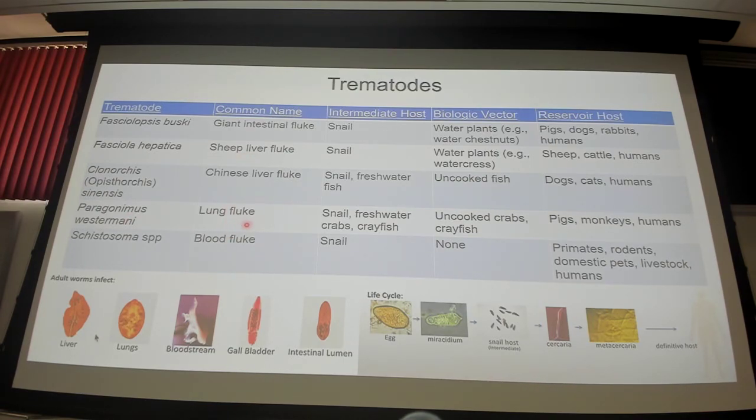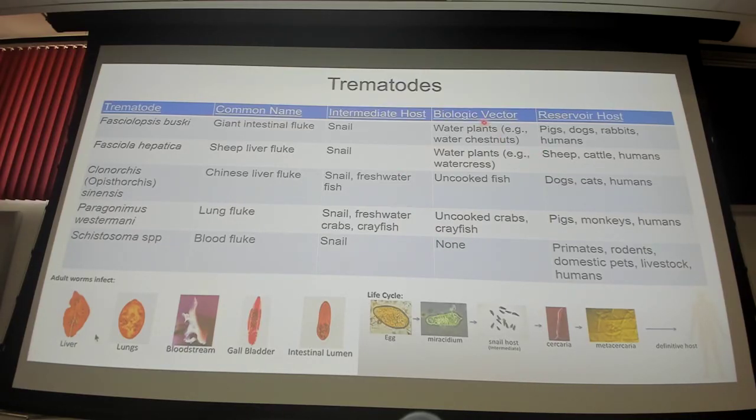We've got a really unusual lung fluke, so we get some respiratory involvement there. And then lastly, schistosomes, really, really important. By far the most clinically important member on this list in terms of morbidity on the human population would be schistosomes. This is a blood fluke. It gets its nutrients from being in the blood vessels around either the liver or the bladder, depending on the specific species of schistosome that you're talking about.